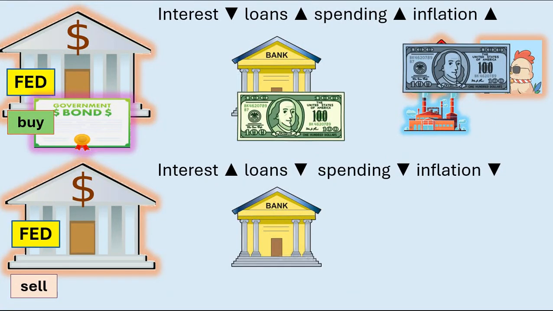And that spending creates economic activity. The more you spend, the more firms will have to make. And if firms have to make more goods and provide more services, they're going to hire more workers, and then those workers spend more, and the economy grows.